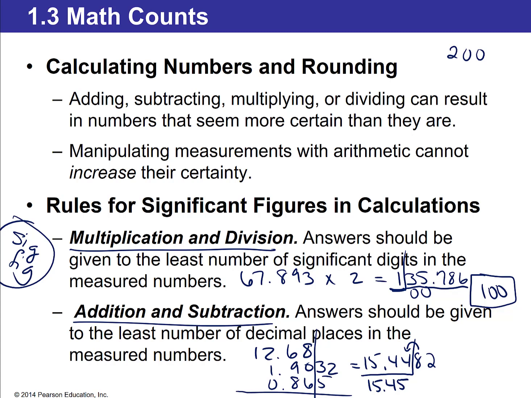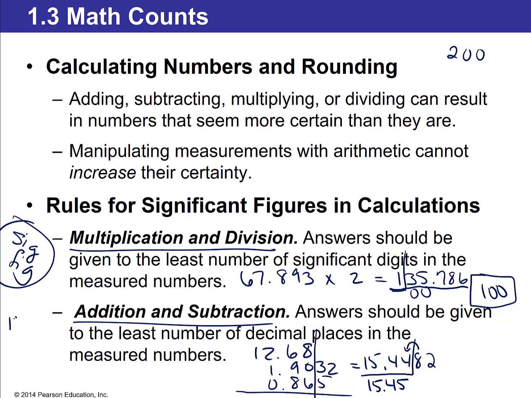In that example, the 2, which would be the hundredths place, all 3 of those numbers have in common, and that is why I would round to 2 decimal places. So that one, you really don't care about the significant figures. You're really just looking at decimals. And if they were all to the ones place, you would round them all to the ones place.